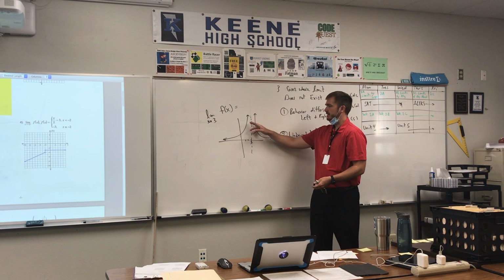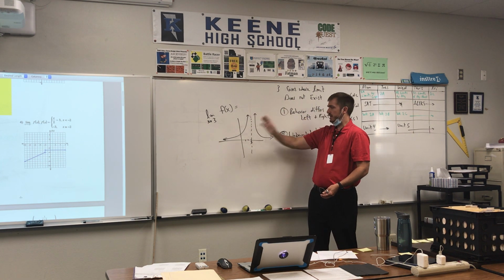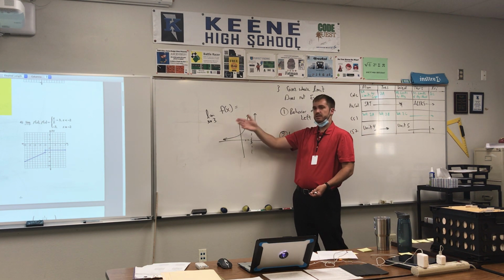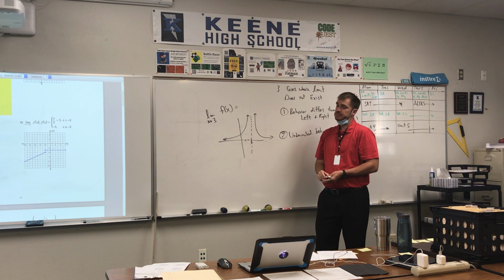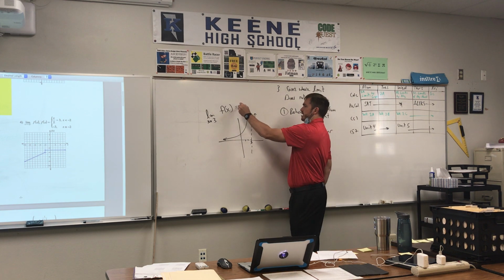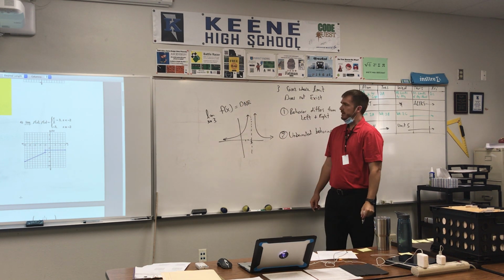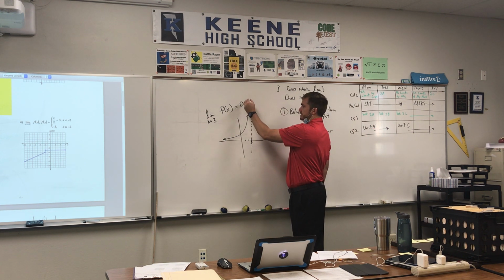Well, they're approaching infinity, getting higher and higher. And the limit is asking, what number are we approaching? Well, infinity is not a number, it's a concept. So we would say here, does not exist. Now, later on this week, we will actually write infinity.